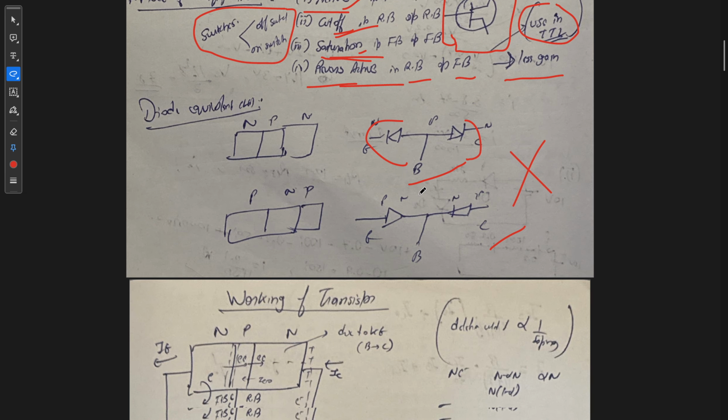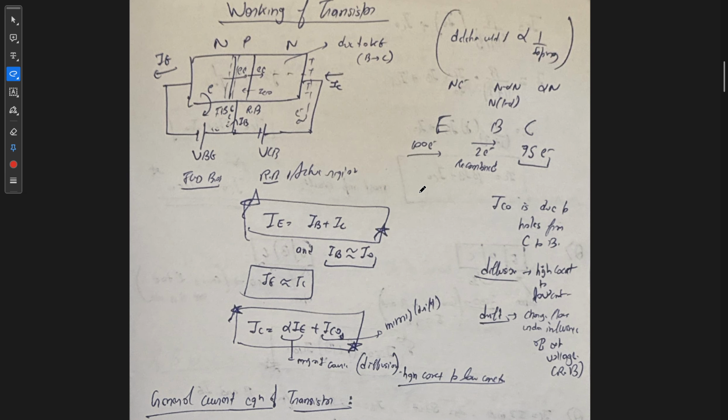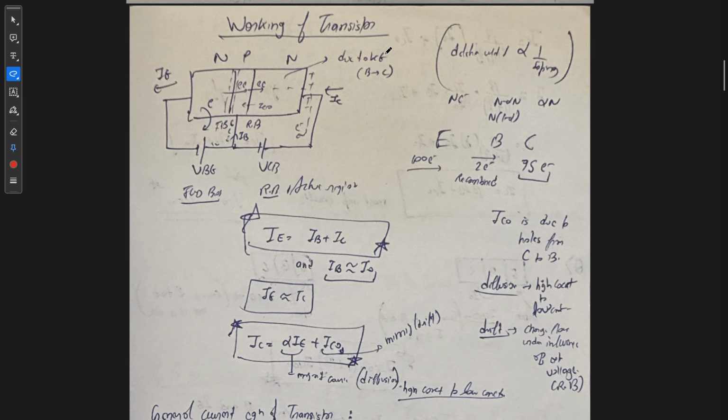Now we will move towards the working of transistors. So this is a BJT structure with forward bias, where the input is forward bias and the output is reverse bias. Sorry, this is active region BJT. The base is doped with P-type semiconductor, and the emitter is doped with N-type semiconductor.